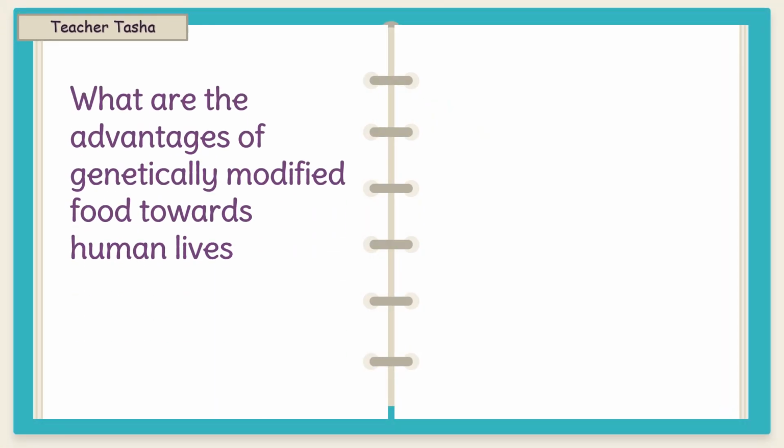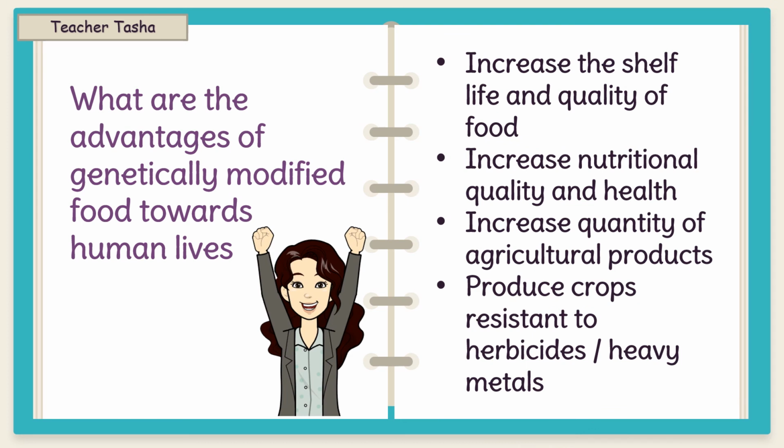And what are the advantages of genetically modified food towards human life? Now you can take a minute or two, pause the video, write down your answer, and then you can check. All right. So the advantages of GM food are that it increases the shelf life and quality of the food.